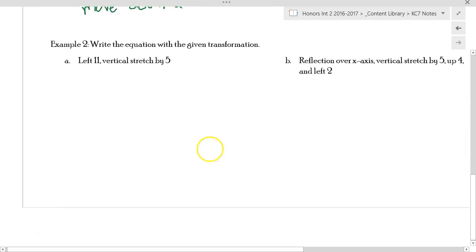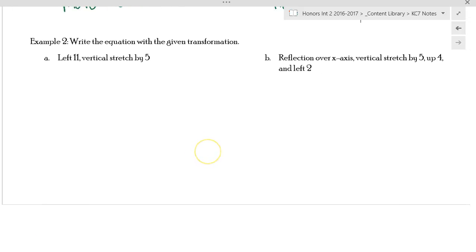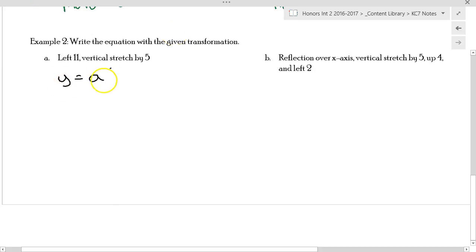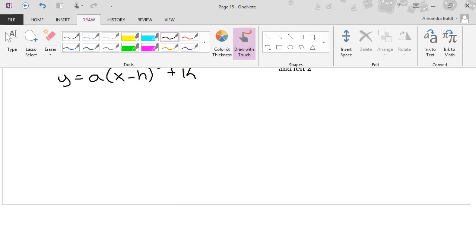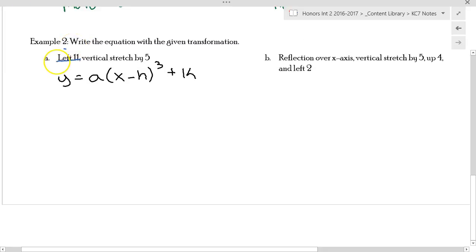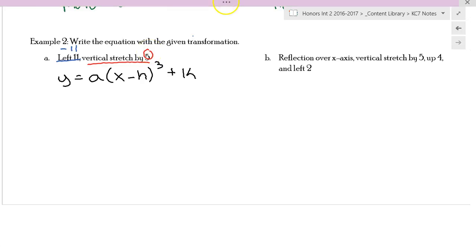Alright, looking at example 2, 2 questions here. Now I'm going to write the equation with the given transformation. So again, we're starting with y equals a times (x minus h) cubed plus k. Left 11 means I'm going negative 11. A vertical stretch by 5, that's my a. So a is going to be 5. I don't have to change the sign.